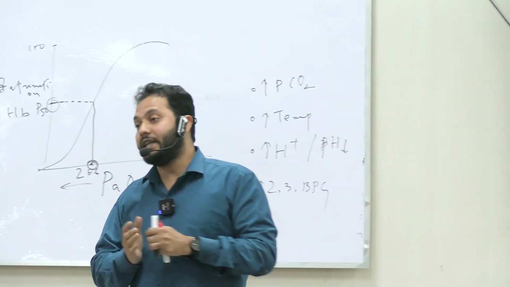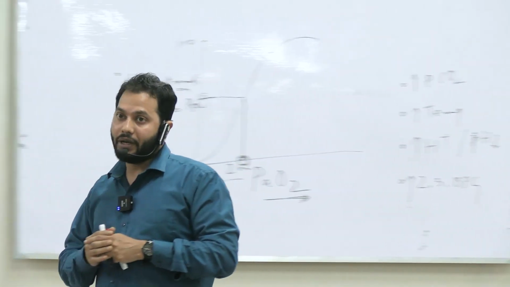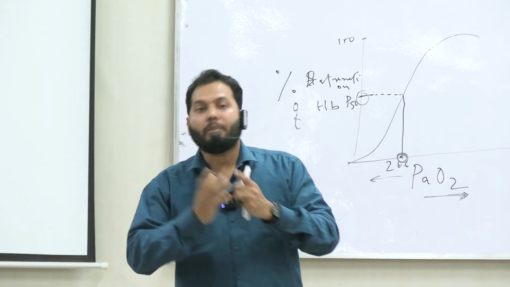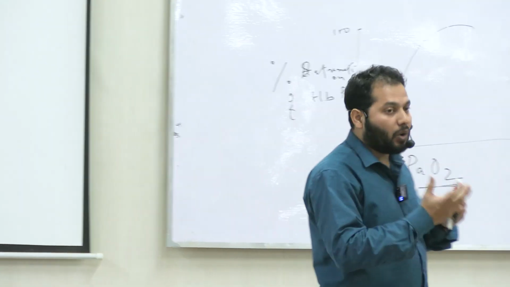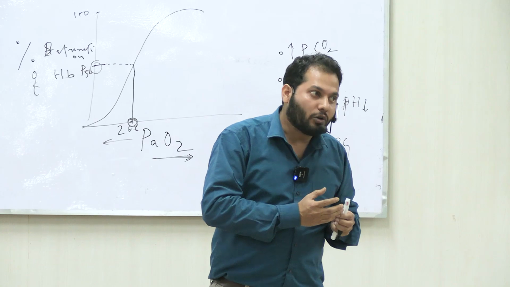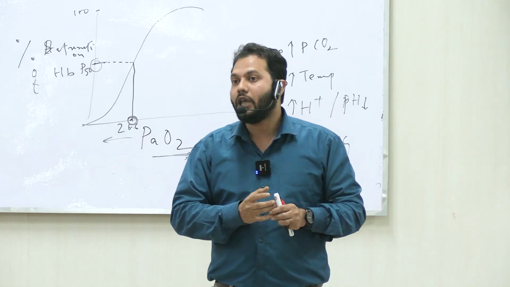So if the affinity is more in myoglobin, a very small amount of oxygen would be required for the full saturation of myoglobin, right, in comparison to hemoglobin.